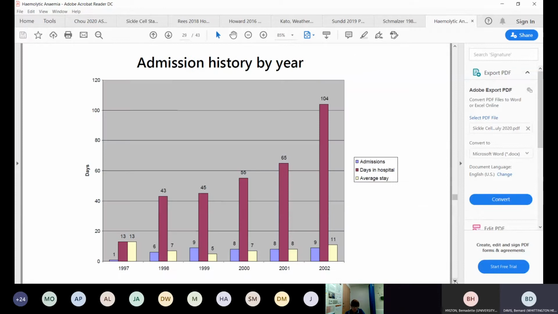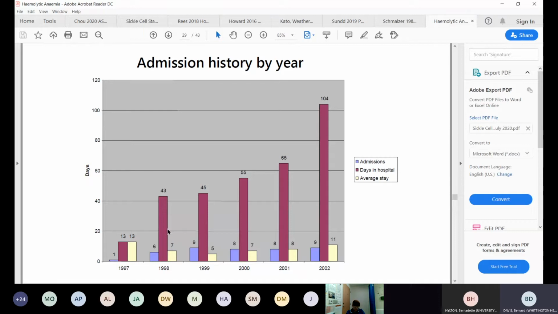And just to give an example, this is one of my patients, in fact, the patient whose chest x-ray we saw with acute chest syndrome. This is an old slide which I discovered when I was preparing this talk. Now, she came to us in 1997, just one admission. She stayed in hospital for 13 days.